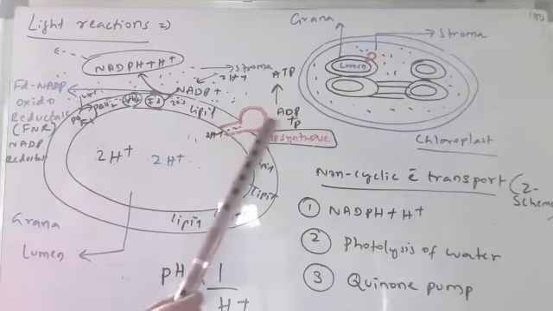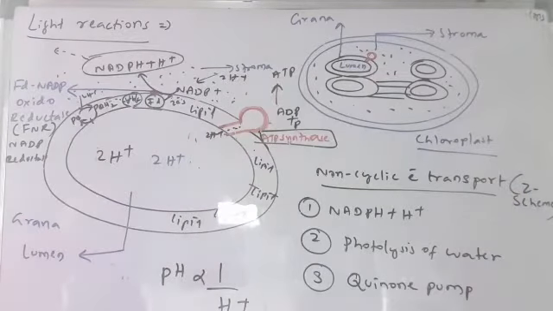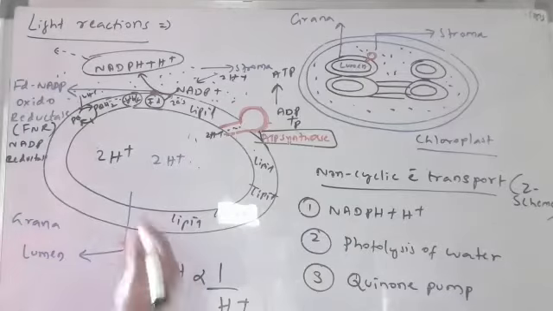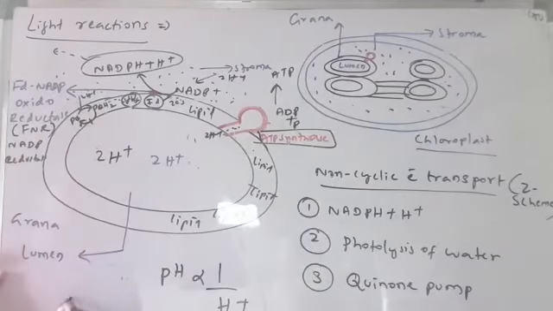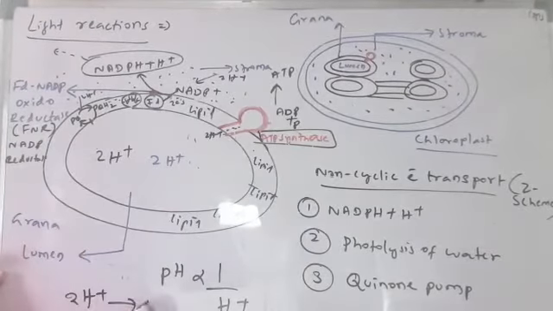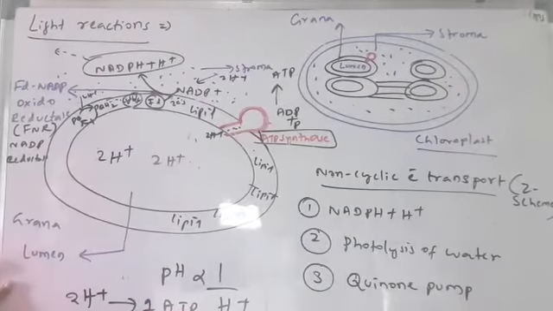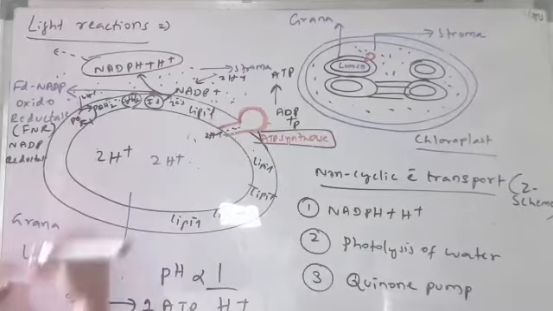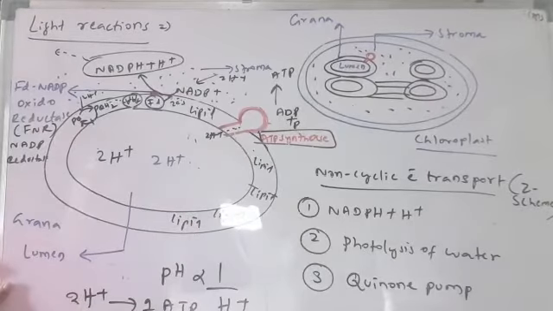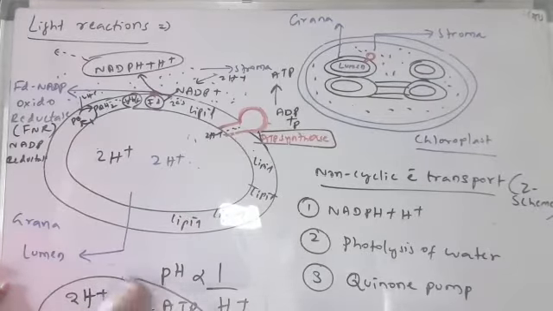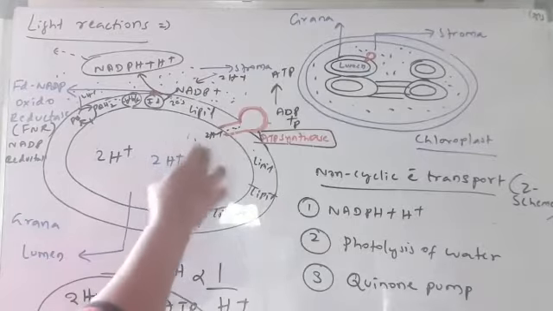So for 2 protons, 1 ATP is synthesized. For 4 protons, how many ATPs are synthesized? 2 ATPs. That means in the lumen, 4 protons transported give 2 ATPs.